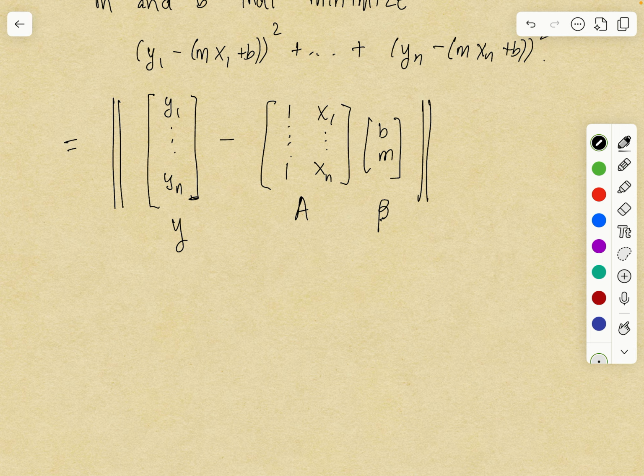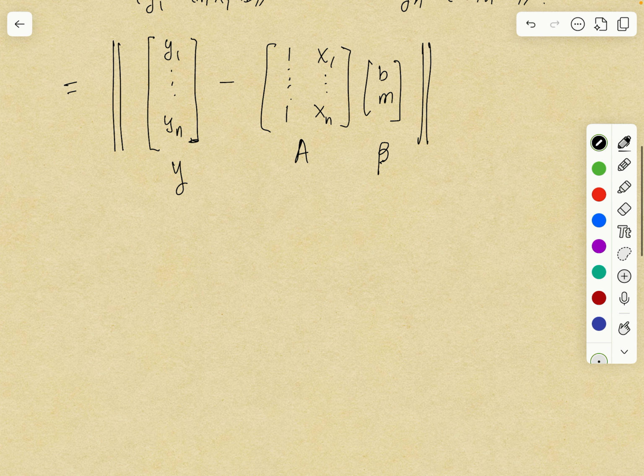And in a previous video, I explained how to do this using multivariable calculus, but only for a line, right? And in another video, I explained how to do this in general, when you have a general matrix A. And that's what we're going to do in this video with multivariable calculus.